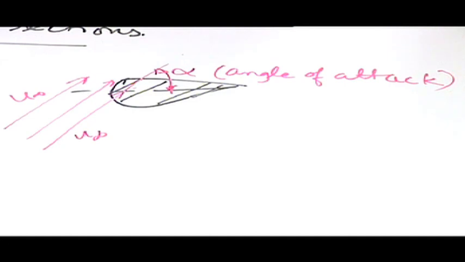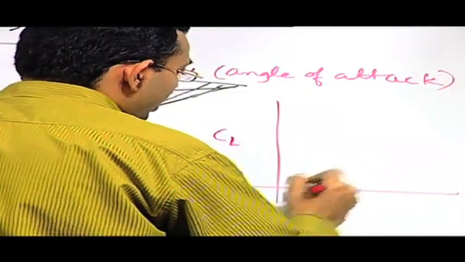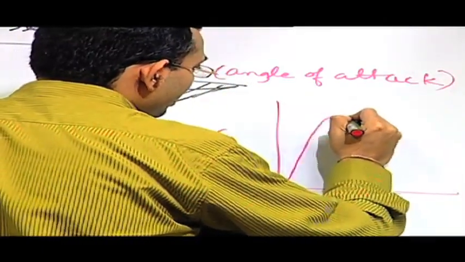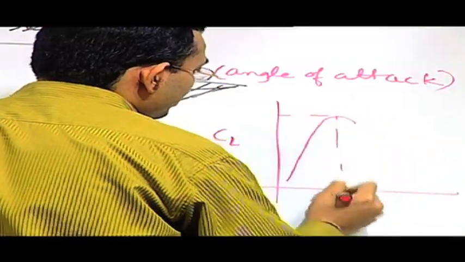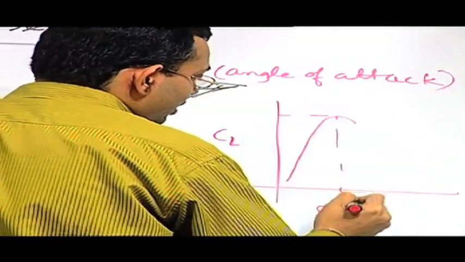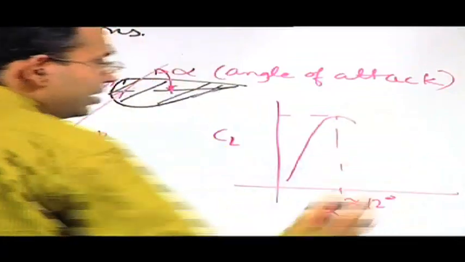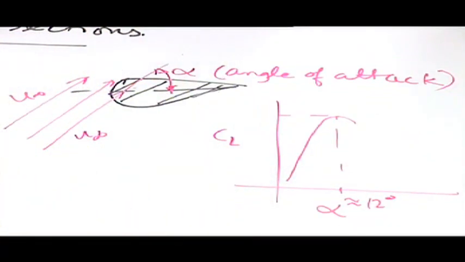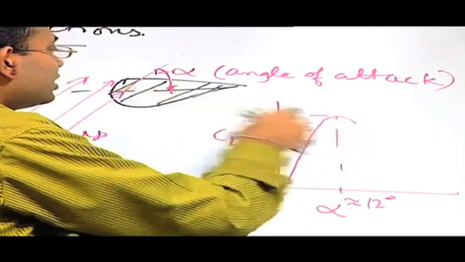So if you draw the coefficient of lift versus the angle alpha, it will increase, then it will attain a maximum at roughly alpha equal to 10 to 12 degrees, let us say 12 degrees as an example, and then it falls down.